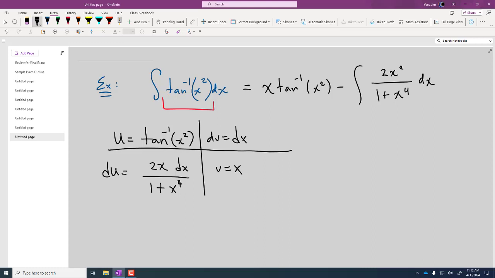And do we know how to integrate that? I don't. Do I want to think about it? I mean, trig sub is the first thing I would think of. I don't see any u sub that's going to work. u sub's not going to work.